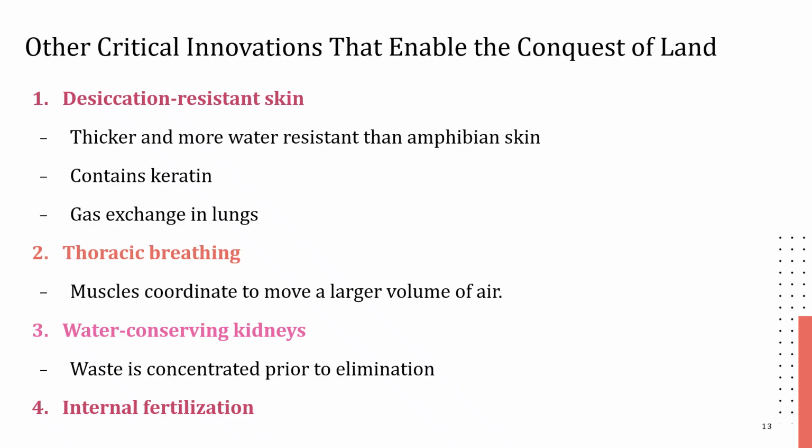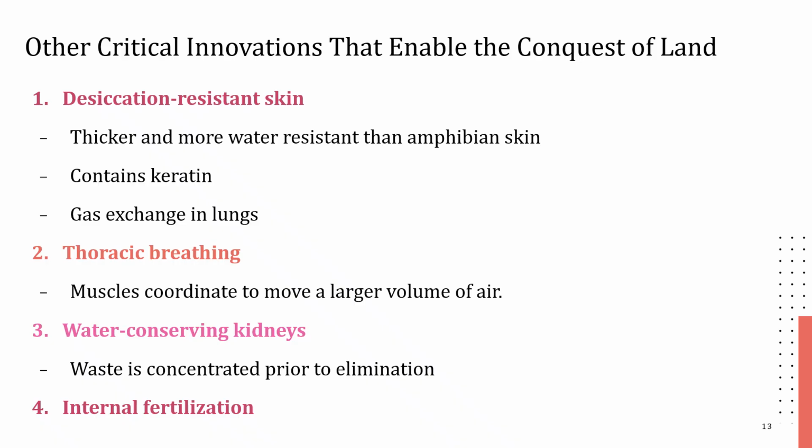So the egg was not the only characteristic that allowed amniotes to move onto land away from water. They also have desiccation-resistant skin. So our amphibians have really thin skin to allow for gas exchange, but our amniotes have thicker skin that is more water resistant. So your skin acts as a barrier to keep water in your body.